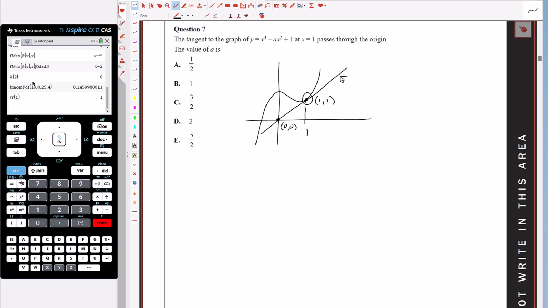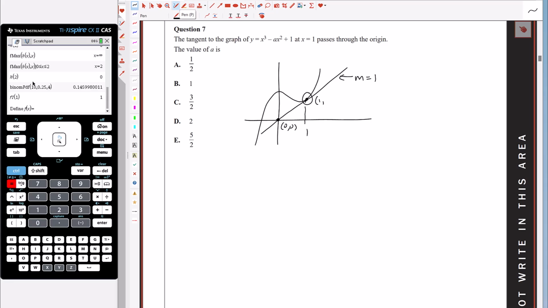So we know that the gradient of this tangent has to be 1, which means that, of course f1 was 1 because f1 has got a equals 1 in it. Okay, let's start again. So let's define the function with a in it. So it's not going to be 1, 1 either.